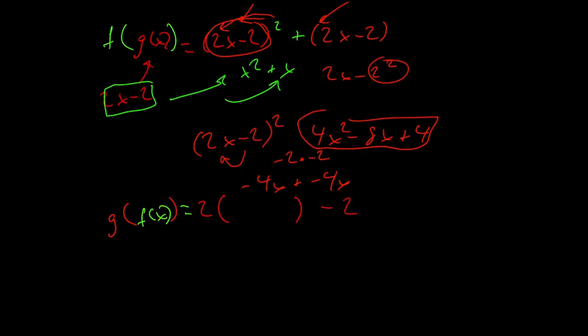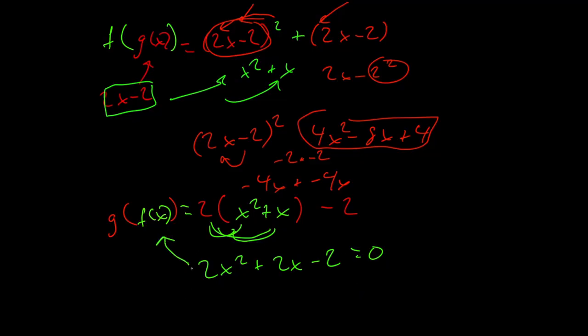And f of x, we said, was x squared plus x. And now you just distribute the 2 into this. Sorry. So you have 2x squared plus 2x minus 2. And that would be our composite function for g of f of x.